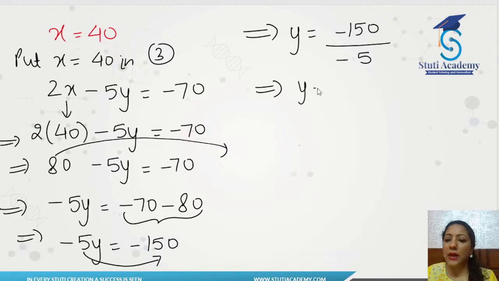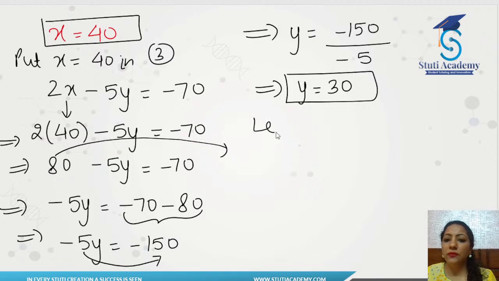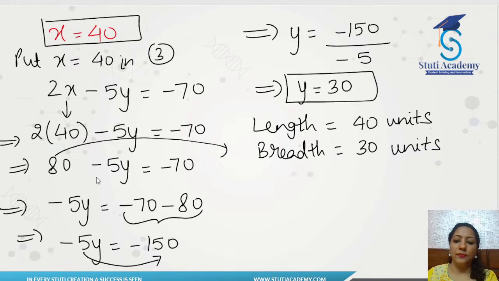That means we have y as 30. So finally we can arrive at the conclusion that the length of the given rectangle is 40 units and the breadth is 30 units. We've got x as 40, y as 30.